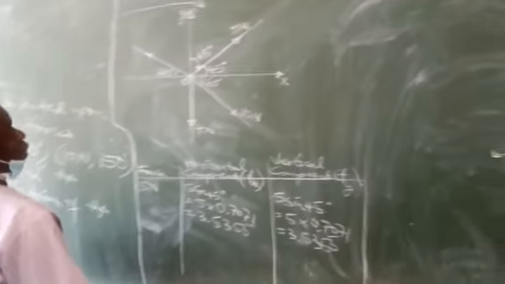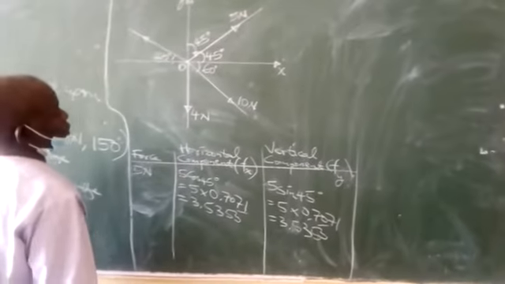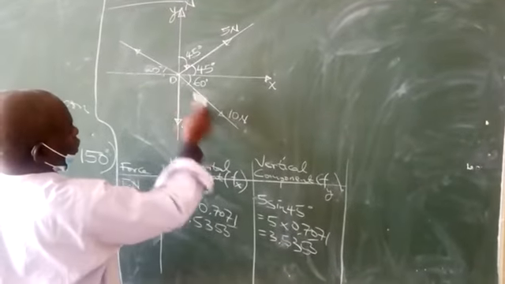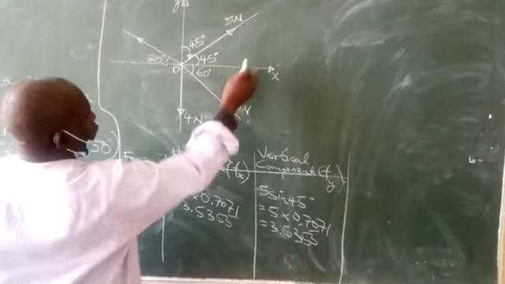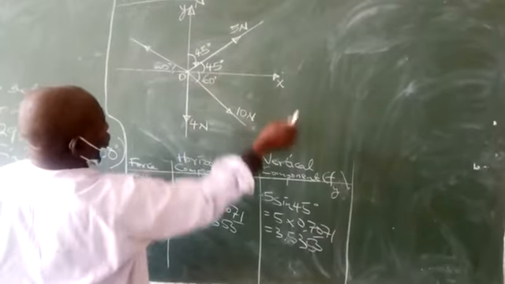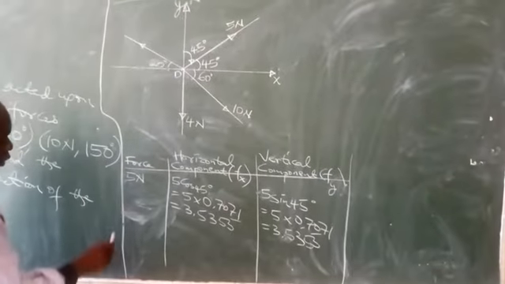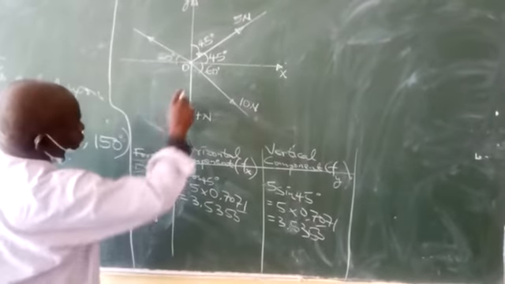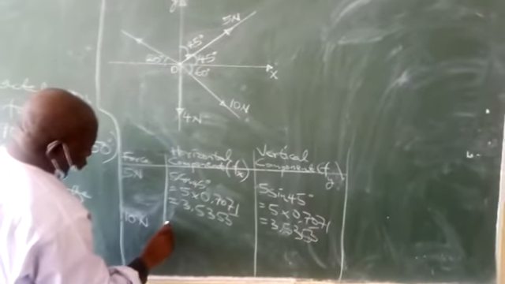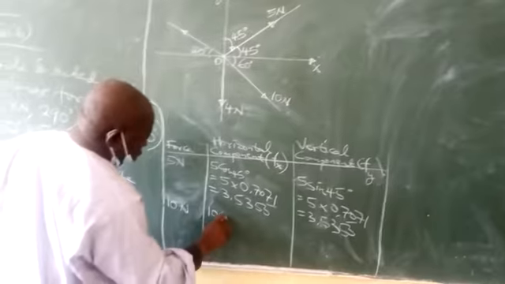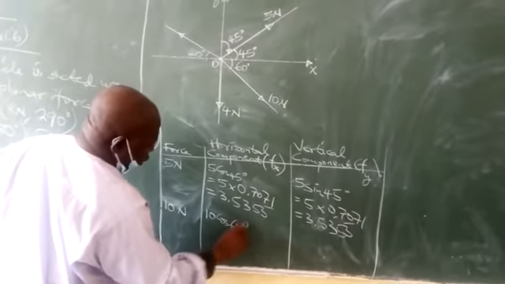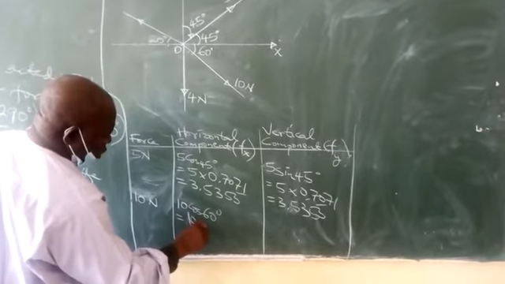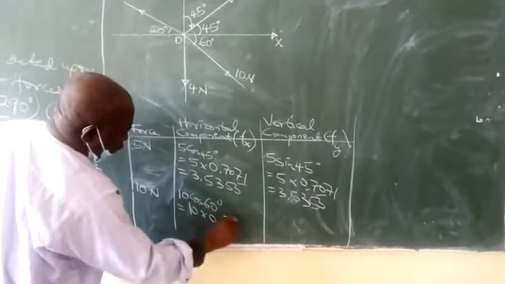Then the second force is the 10 Newton force, at an angle of 60 degrees to the horizontal. The horizontal component of this 10 Newton force will be 10 cos 60 degrees, which is 10 times 0.5.